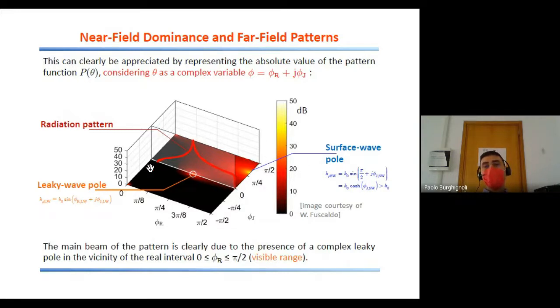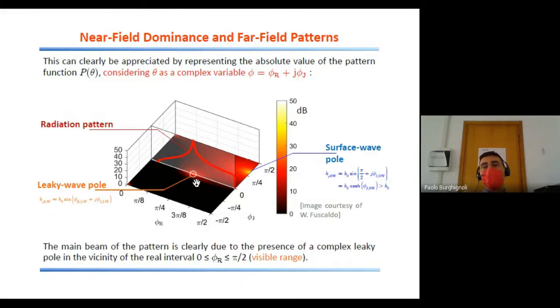And this spike is reflected in a narrow main beam in the radiation pattern that occurs when the angle theta is such that beta, the phase constant of the leaky wave, is equal to k1 sine theta.